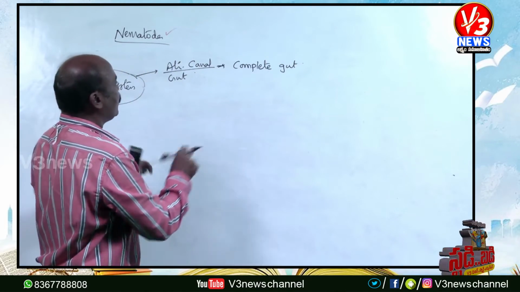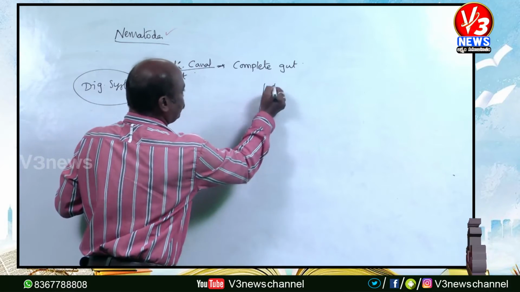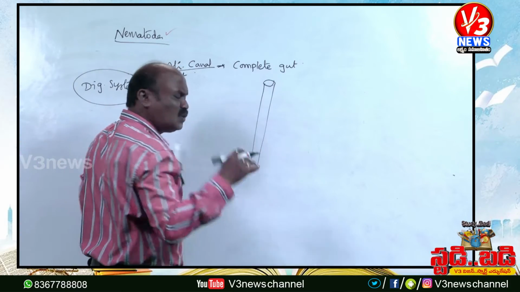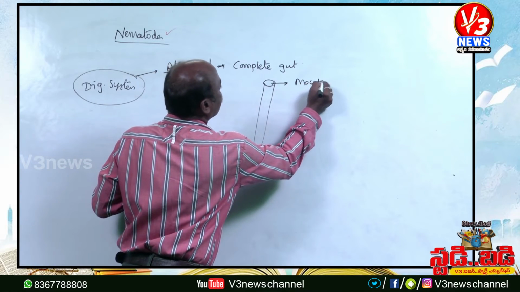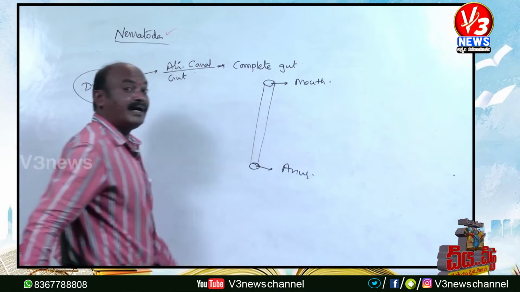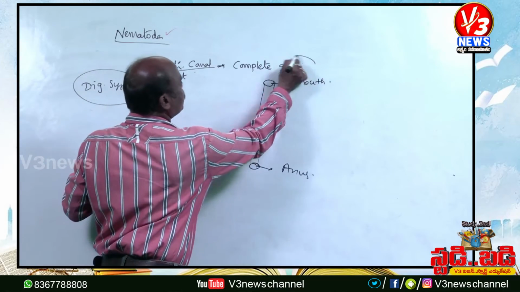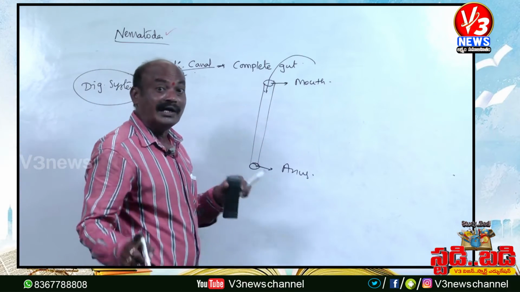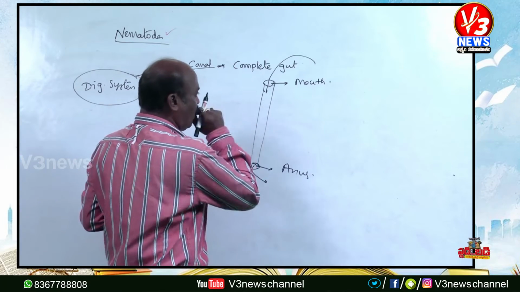In nematodes, the complete gut means it has two openings. One is the mouth and the other one is the anus. The alimentary canal has two openings. One is for ingestion, intake of food, and the other one is for egestion.